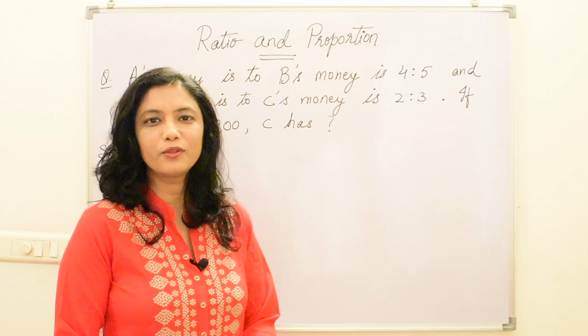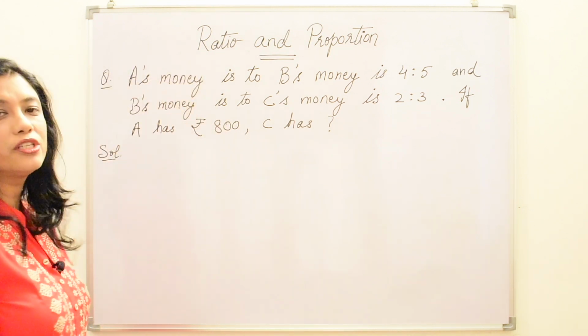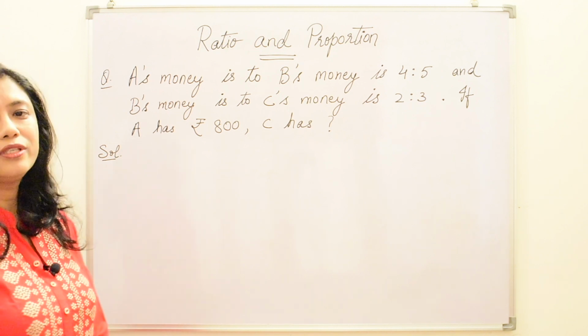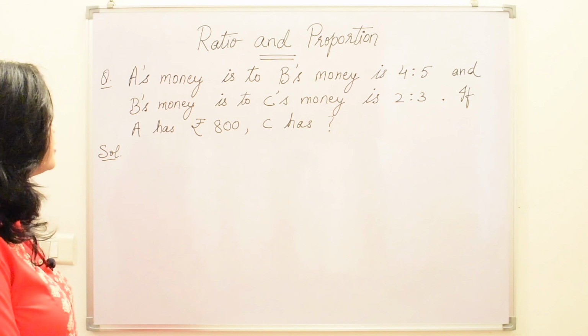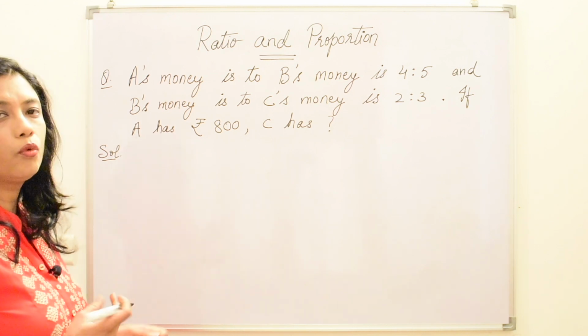Let us solve another question. A's money is to B's money as 4:5, and B's money is to C's money as 2:3. If A has rupees 800, C has? Now first let us see what is given to us.